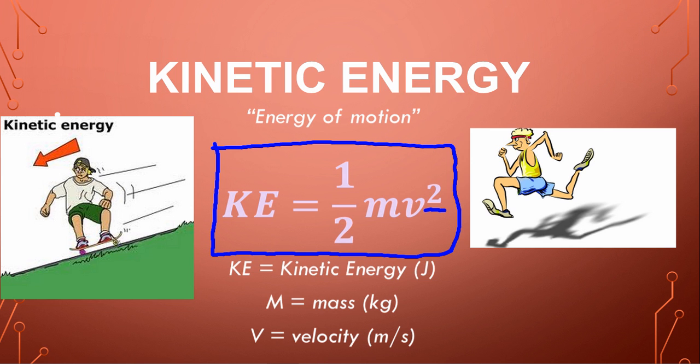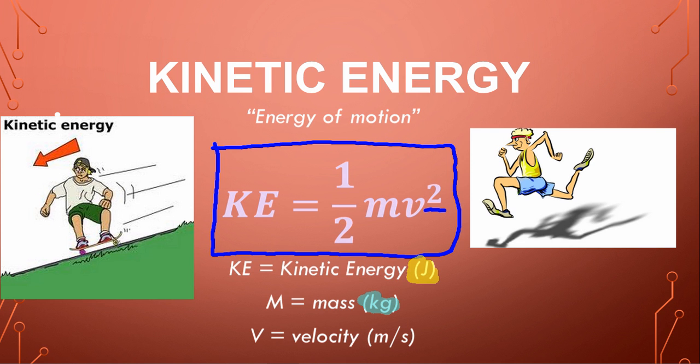You need to know what each of these symbols stand for. You need to know that kinetic energy is symbolized by KE and that joules is the unit of kinetic energy. Please make sure you're writing these down with your equations. You need to know that mass has the letter m, and the units for mass is kilograms.